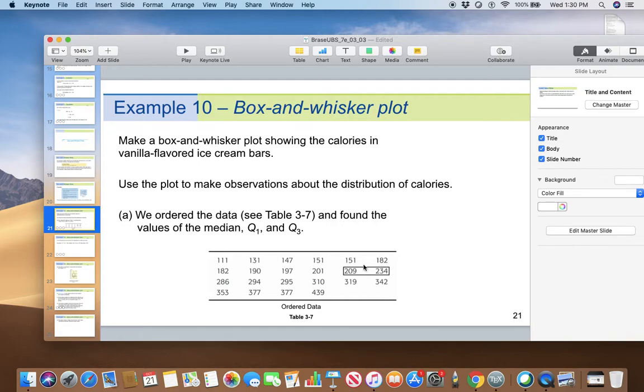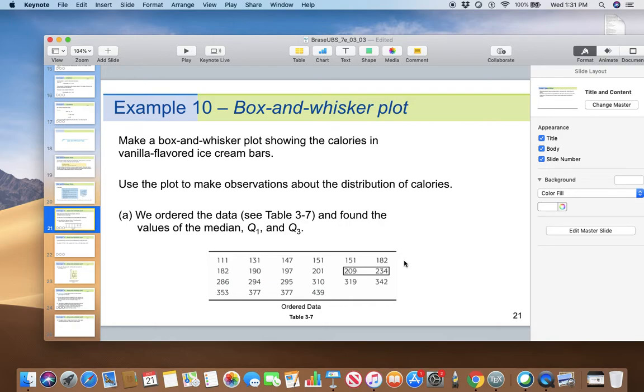Arrange them in order, increasing order, smallest here, and keep arranging them. You have found the median, Q1 and Q3. Now you want to find the median. Let's see how many we have. 1, 2, 3, 4, 8, 12, 16 plus 3, 19 plus 3. So there are 22 values.